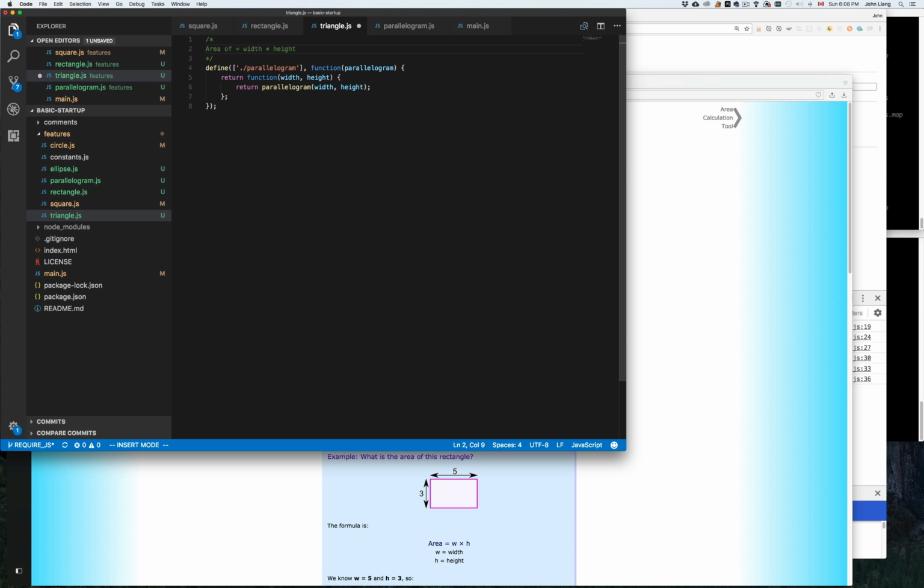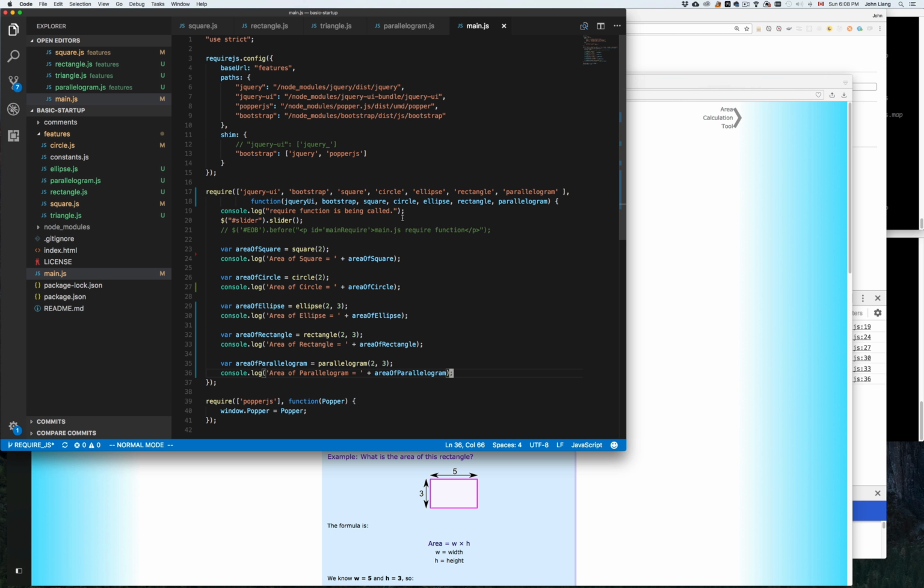Area of triangle equals base times height divided by 2. So what we got here is divided by 2. And let's put in base. Okay. Save it.